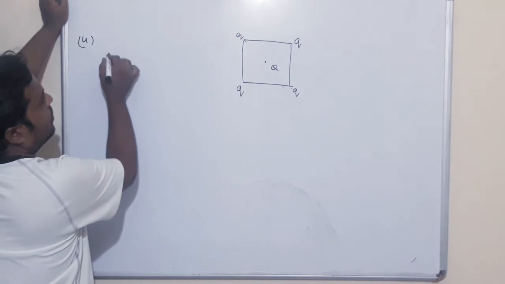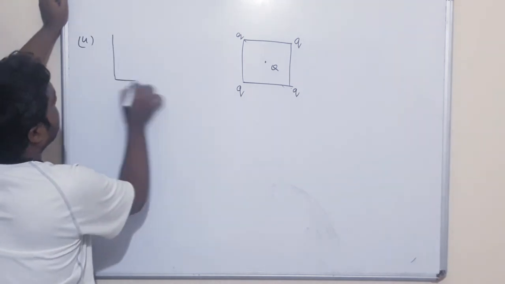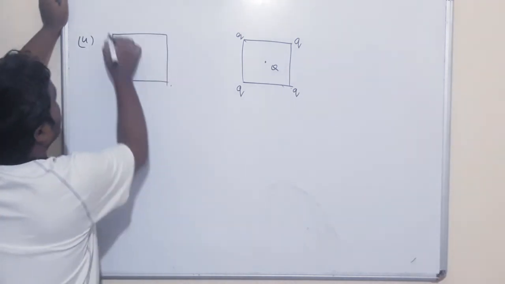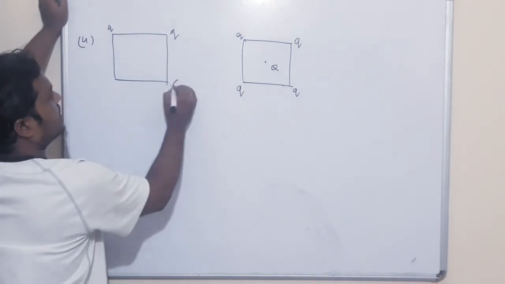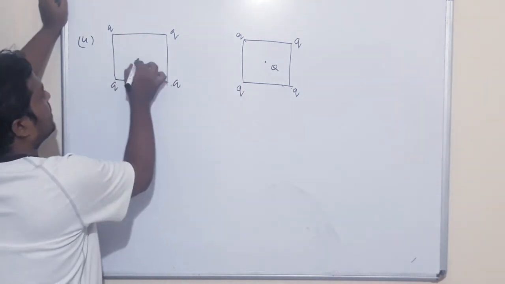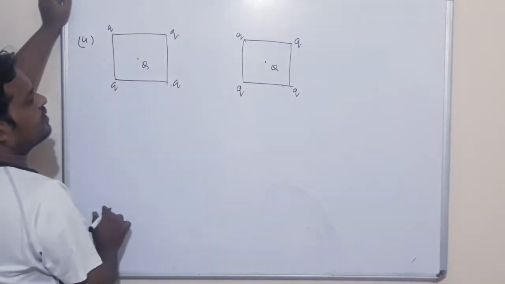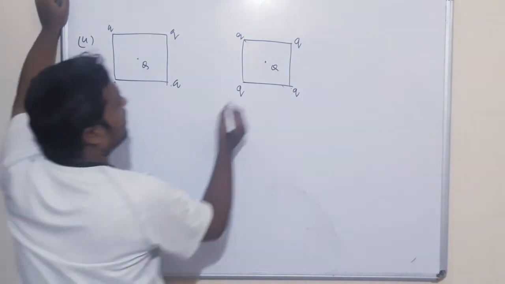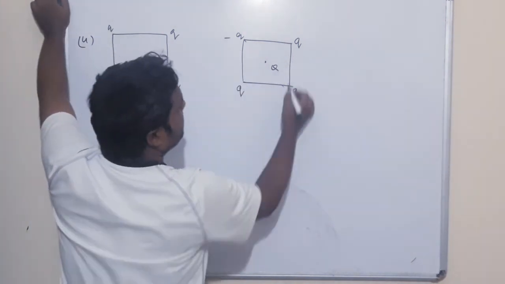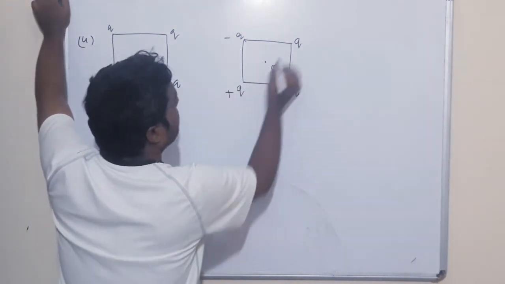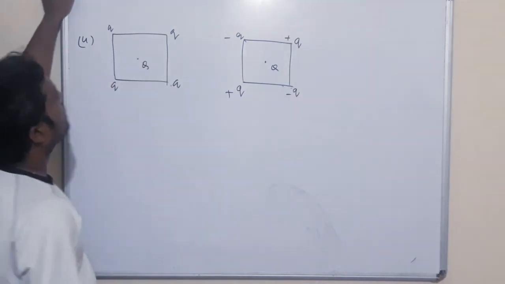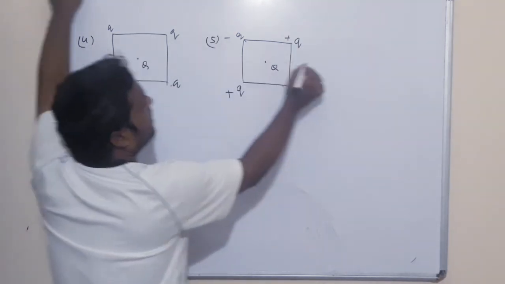Example number 4. I will write this as example. This is Q, this is Q, this is Q, this is Q. There is one charge I have placed at the center. This is minus Q, this is minus Q, this is plus Q, this is plus Q. This is the next example.